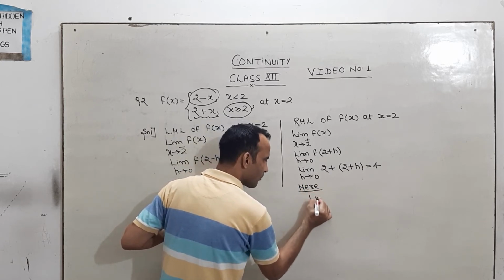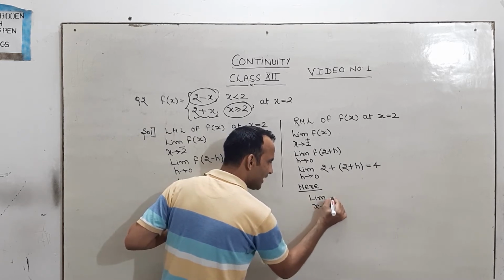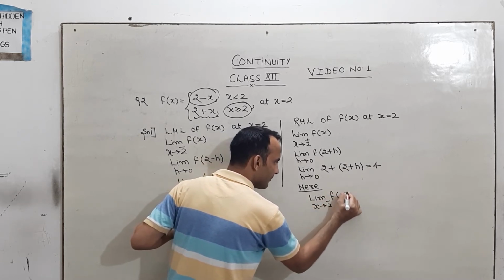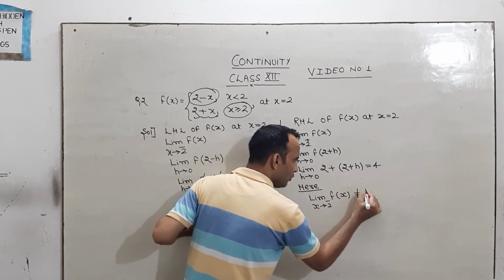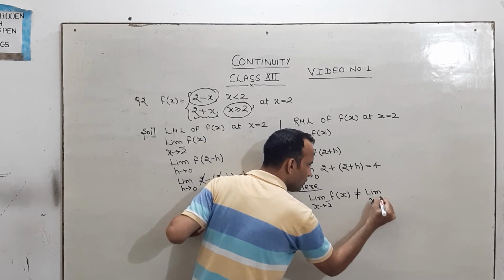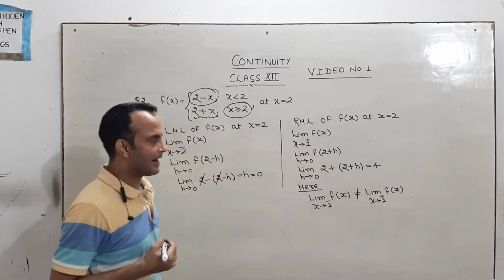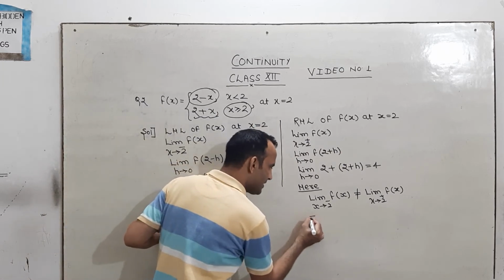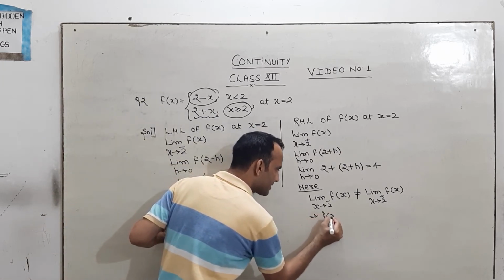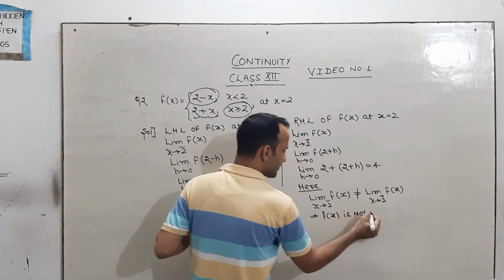Limit x tends to 2 negative of f(x), which means left hand limit is not equal to limit x tends to 2 positive of f(x), means left hand limit is not equal to the right hand limit, implies that f(x) is not continuous.